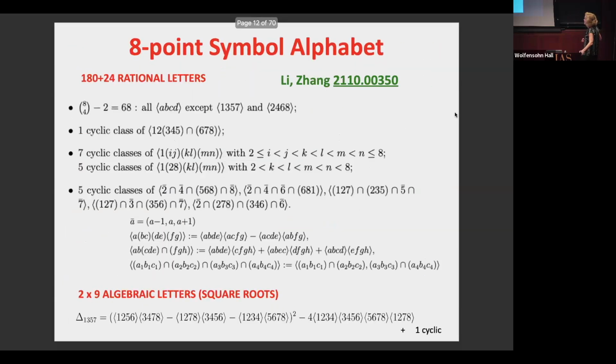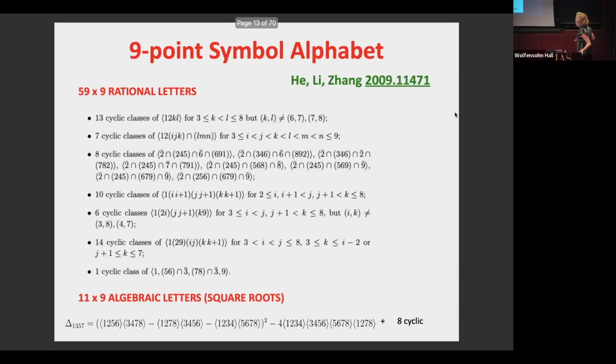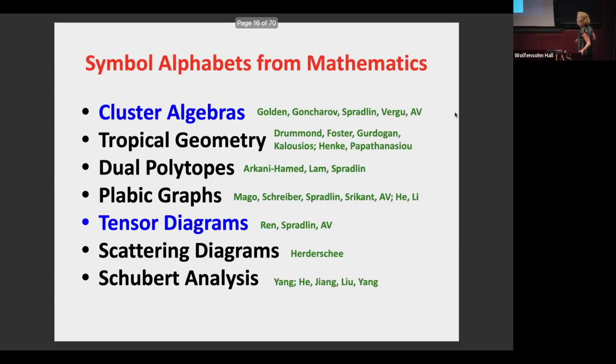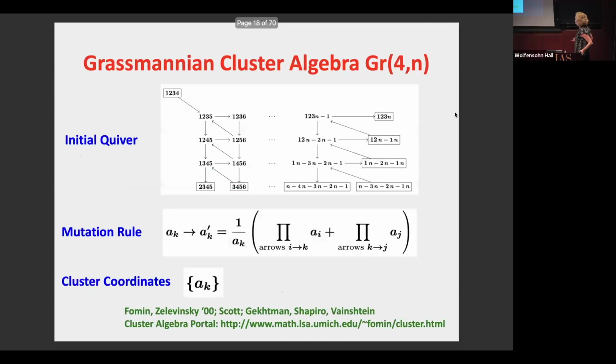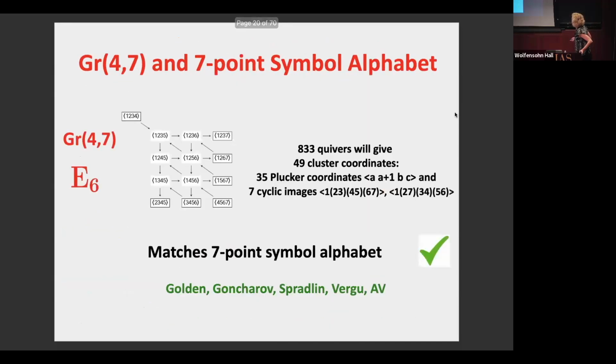The remarkable thing is that the physicists first produced this list without understanding where it came from; only after it was produced did we understand that it could be described by the cluster algebra. So indeed that matches the symbol alphabet that I presented.